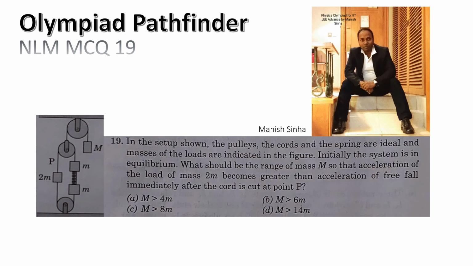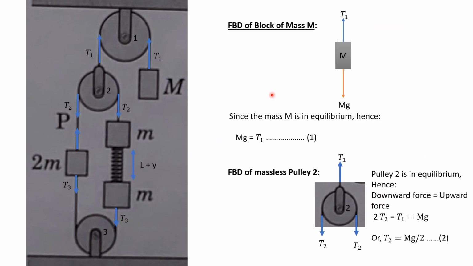So let us discuss this problem. System is in equilibrium. Okay. This is one thread. Second thread is this. Third thread is this. All these threads are massless. No mass. Okay.